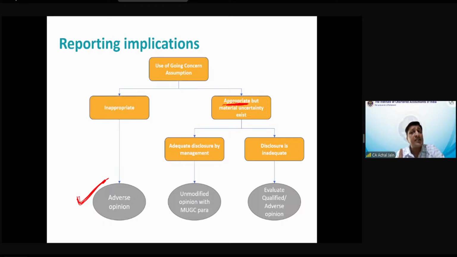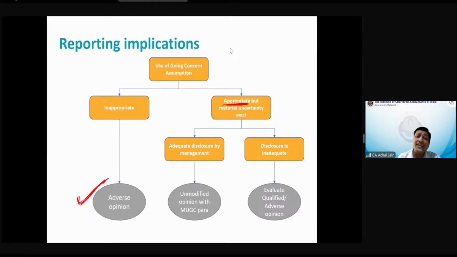Now, is this disclosure important for the user's understanding of the financial statements? Tell me. Do you think this disclosure is important or fundamental to the user's understanding? The answer is yes. It's a very, very important disclosure. It's not about any other explanation or any other disclosure which you put down in the financial statements. Why?